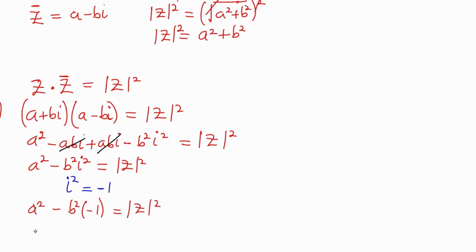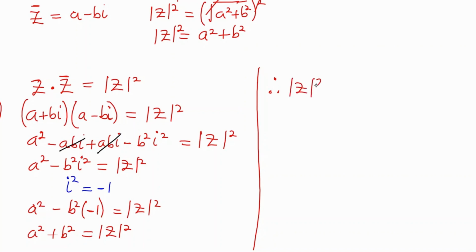So a squared is maintained, and minus b squared multiplied by minus 1, here we have plus b squared, which is equal to the magnitude of z squared. So just like we have proven here, therefore we can say that the magnitude of z squared is equal to a squared plus b squared, hence proven.